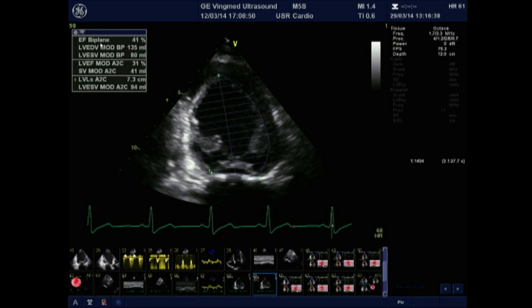So to conclude, this patient has a dilated ischemic cardiomyopathy with mild to moderately depressed systolic function and increased left ventricular filling pressures.